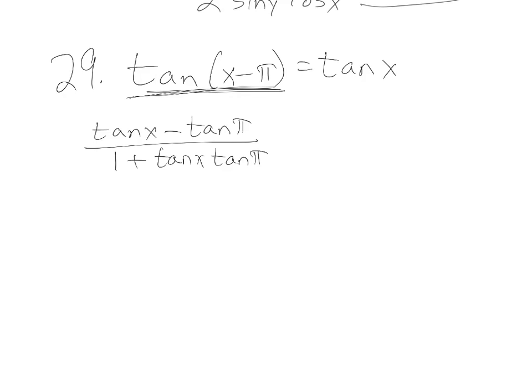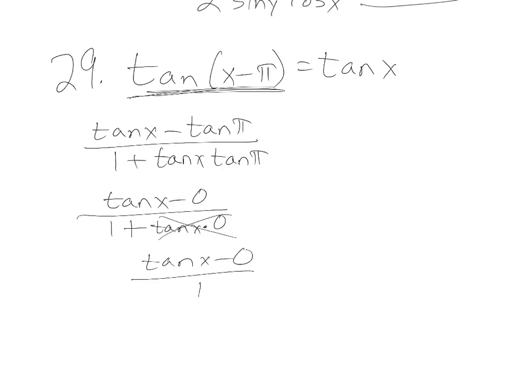What is the tangent at pi? 0? So on the left we have the tangent of x minus 0 over 1 plus the tangent of x times 0. Well, anything times 0 is 0. And the tangent of x minus 0 over 1, that is just the tangent of x, which is what is on the right side.